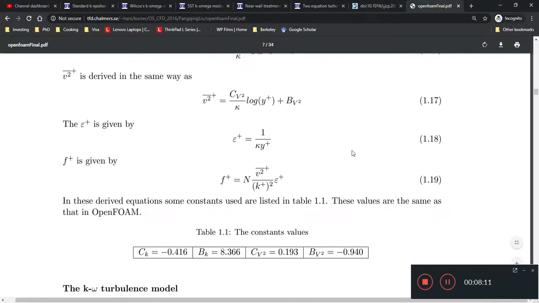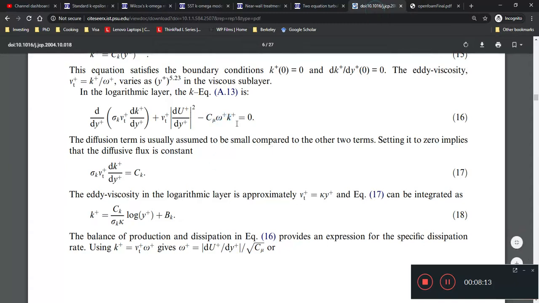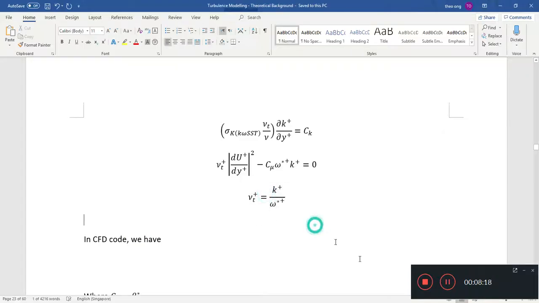So k plus over omega star plus. We use this substitution, and we put this back in here.